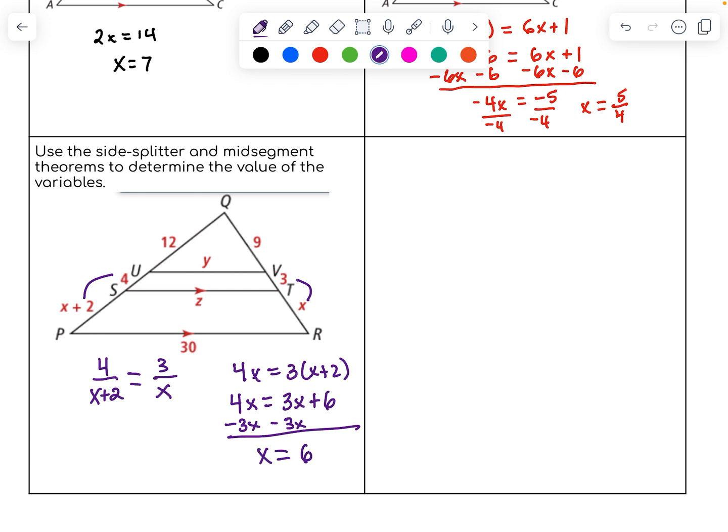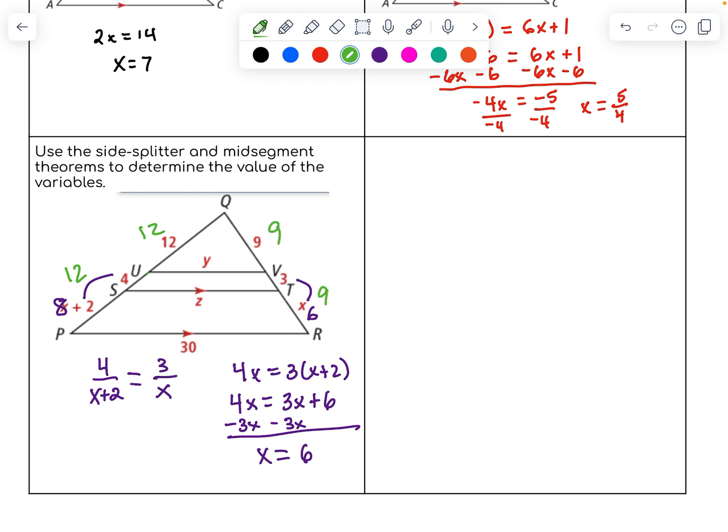Okay, so that means this is 6 down here. Okay, and this would be 8, which means if this is 12, I want you to see this. So this is 12, this is 12, this is 9, this is 9.